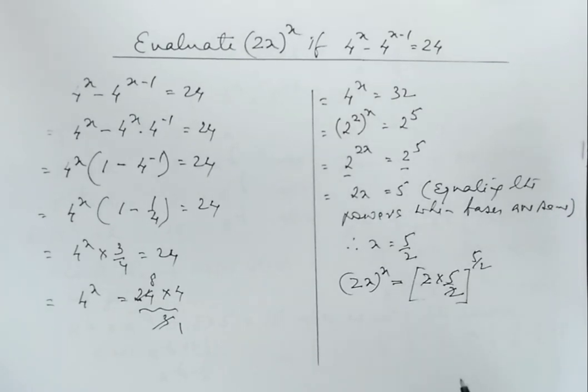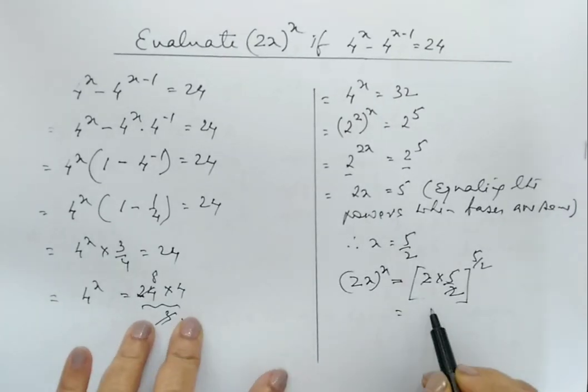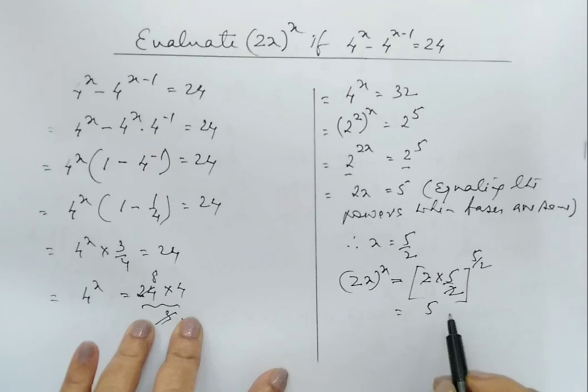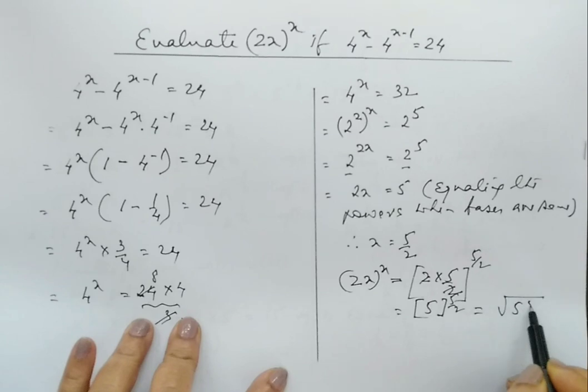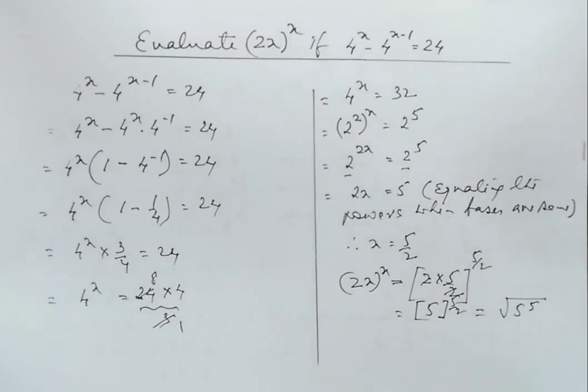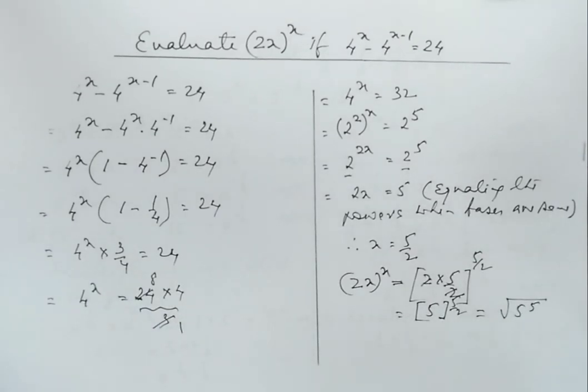Inside, let me simplify. So thus I get 5 to the power 5 by 2, which is equal to 5 to the power 5. Got it? 2 goes that side as square root. Usually we don't write 2 here.